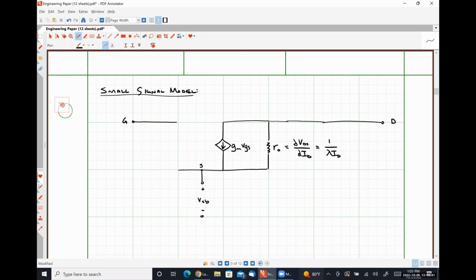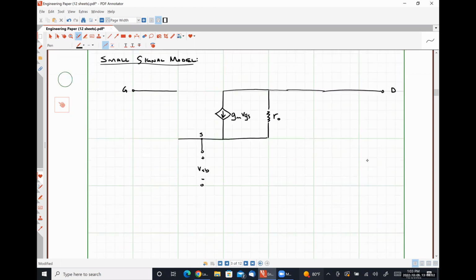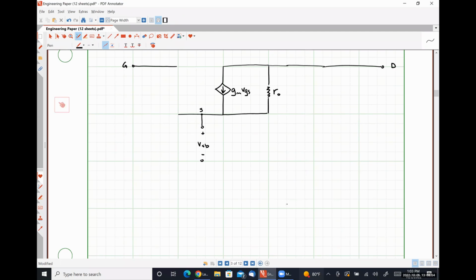Actually, sorry. Just for the sake of space, I'm going to need to move this definition elsewhere. So let's call that r naught, equal to delta VDS over ID, is 1 over lambda ID.